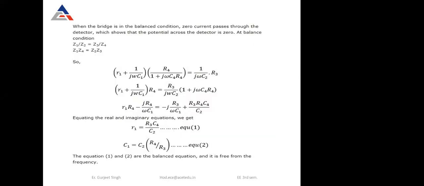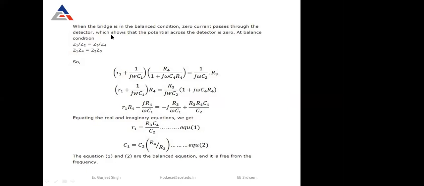Next, we apply the balance condition of the bridge. The bridge is balanced when the galvanometer, or detector, shows zero indication. When our bridge is balanced, we apply the equation of the Wheatstone bridge that I repeated in the last lecture: Z1 Z4 equals Z2 Z3.